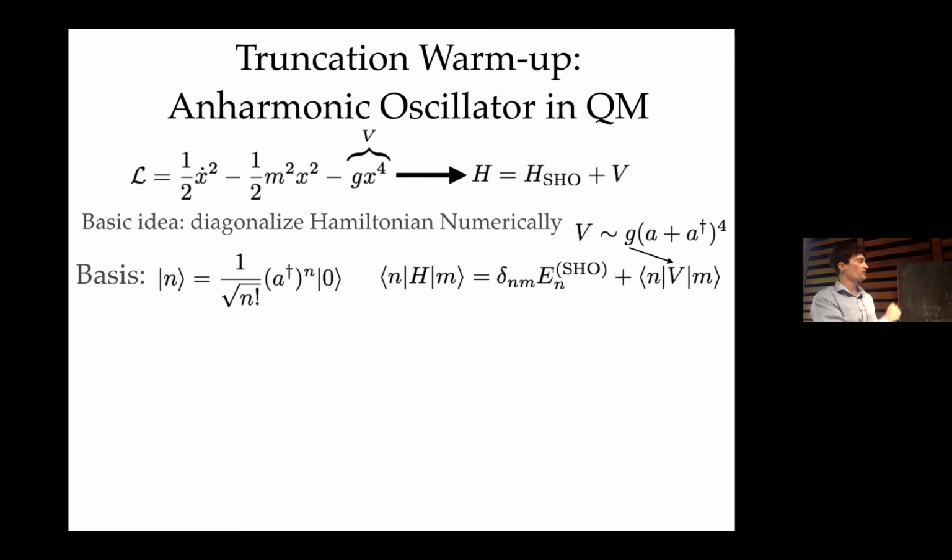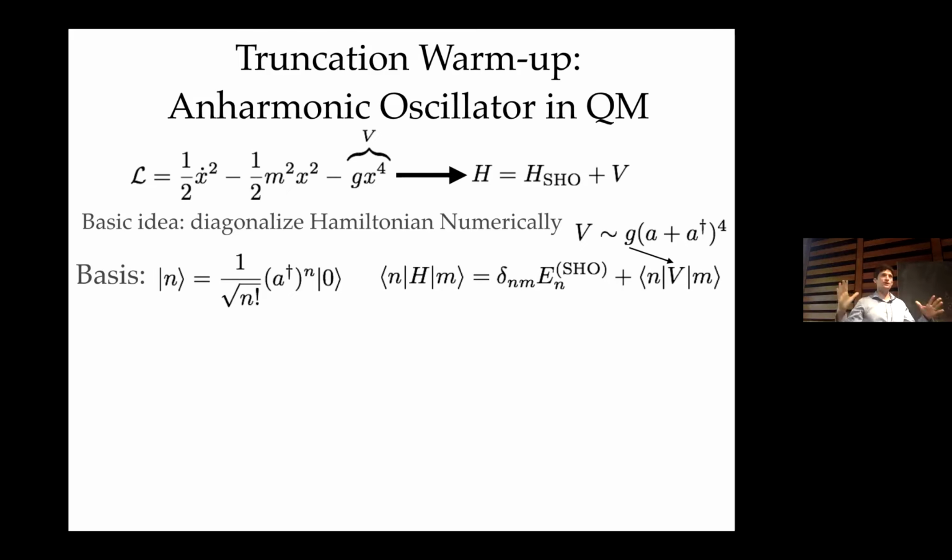So let's choose a basis of harmonic oscillator eigenstates. Those are, as we all know, just states created by raising operators. And one nice thing about this basis: first of all, by construction, it diagonalizes the harmonic oscillator part. And the interaction part is very easy to compute the matrix elements for, right? Because x is just a plus a dagger. And so you can very quickly compute these matrix elements.